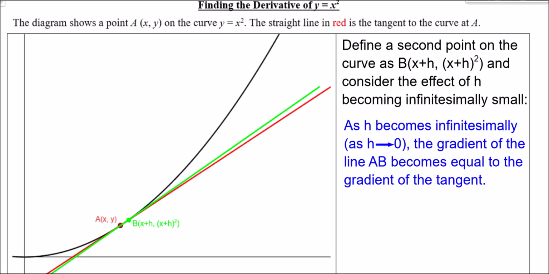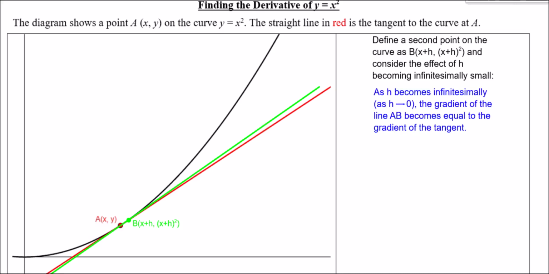So let's see algebraically how this is going to work. Okay, so we can write it as such. The gradient of a tangent, in other words, the gradient at A, we now write in terms of A and B. It's the limit when h becomes 0. That's the technical way of writing it.